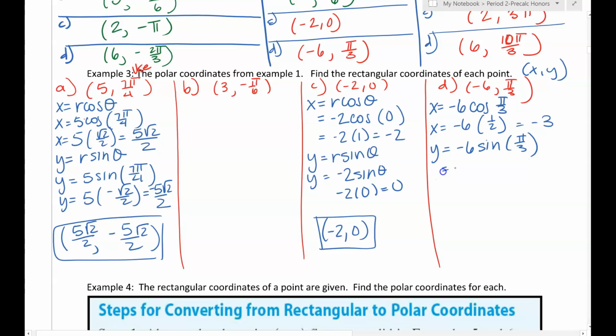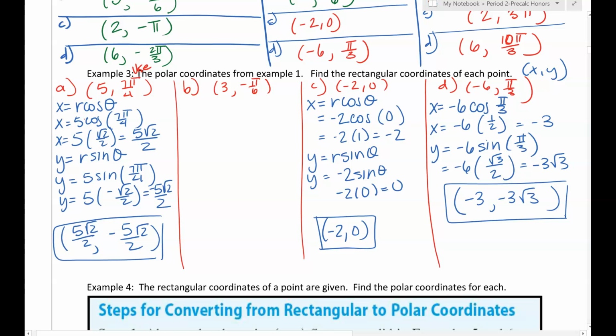Then that will give me negative 6 times radical 3 over 2. And this will give me negative 3 rad 3. So put it together as an ordered pair, negative 3, comma, negative 3 rad 3. Box that up.